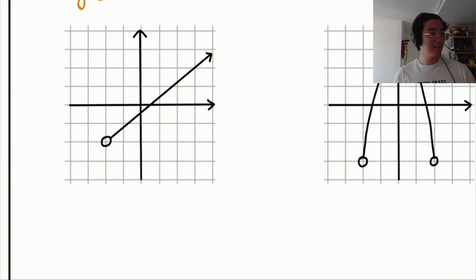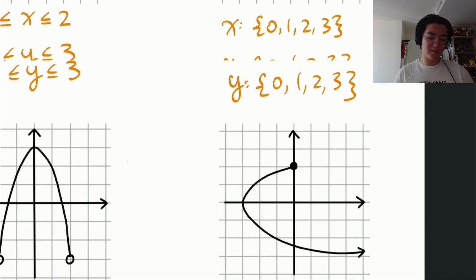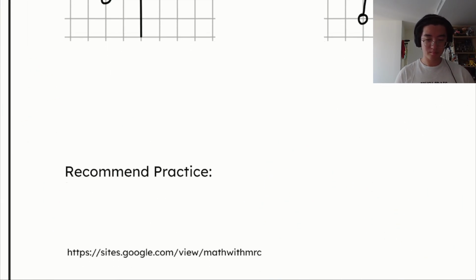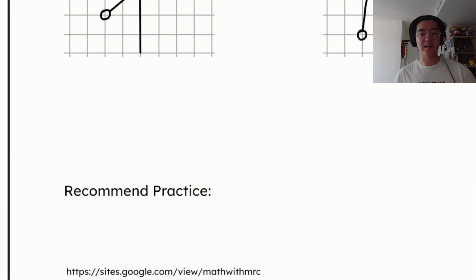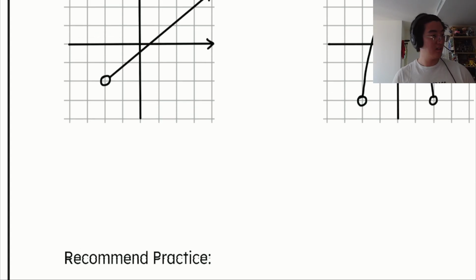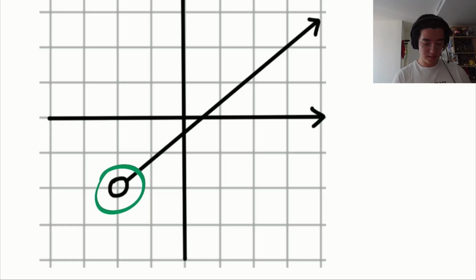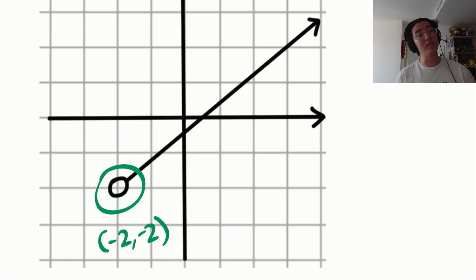How about this graph here? Now we have a new concept here, which is a hollow circle. As you can imagine, if the circle is dotted in, that means we include this point. But in this case, the circle is hollowed out, which means this point of -2 is not included in this graph.